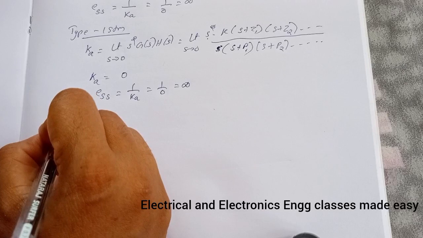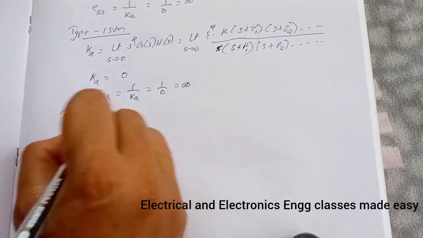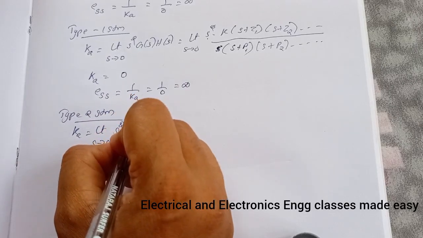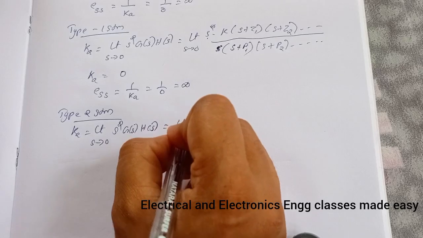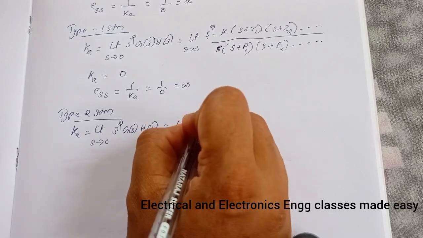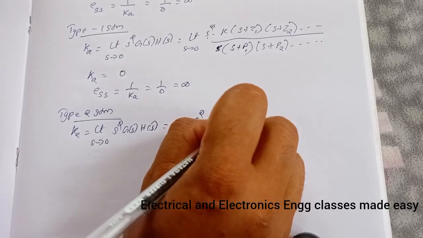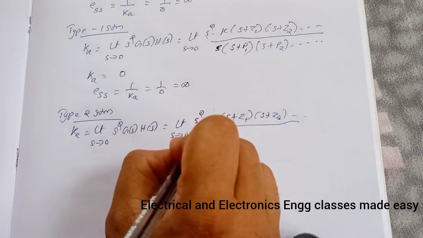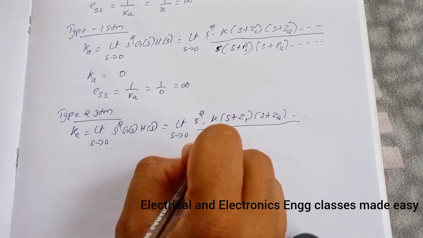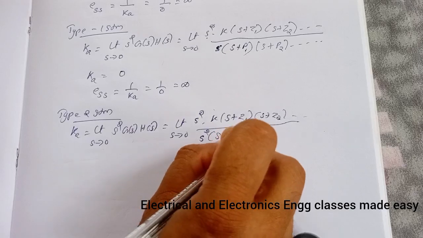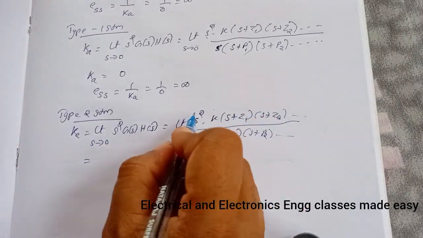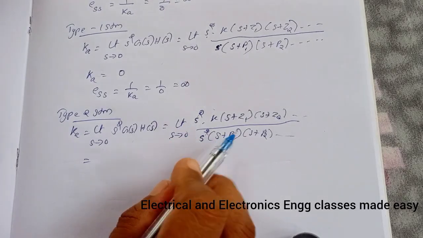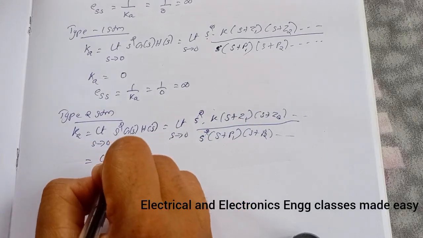Now for the type 2 system we have Ka is equal to limit s tends to 0 s square G of s H of s, and that is equal to limit s tends to 0 s square into K into (s plus z1) into (s plus z2) into etc. divided by, for type 2 system here there will be s square into (s plus p1) into (s plus p2) into etc. So here this s square gets cancelled, and while applying this s tends to 0 limit we get a constant value.